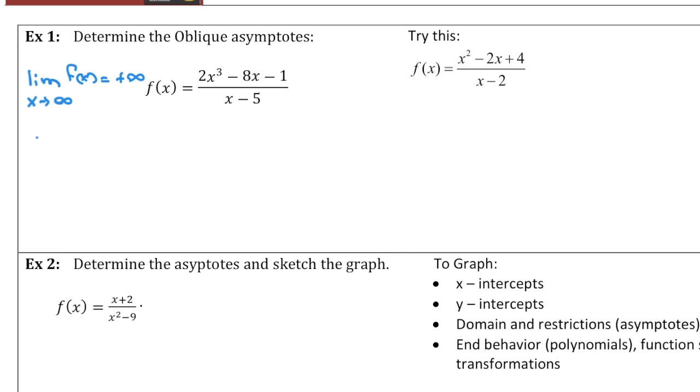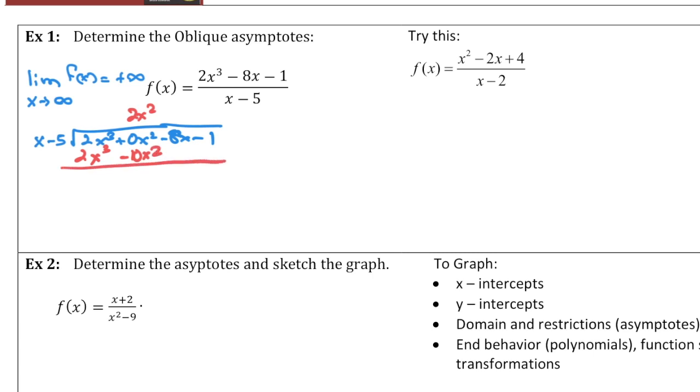Now, if we do polynomial long division, x minus 5 divides into our 2x cubed plus our 0x squared minus 8x minus 1. Figure out what times x is 2x cubed. So that's going to be 2x squared. Multiply, we get 2x cubed minus 10x squared. Change your signs.